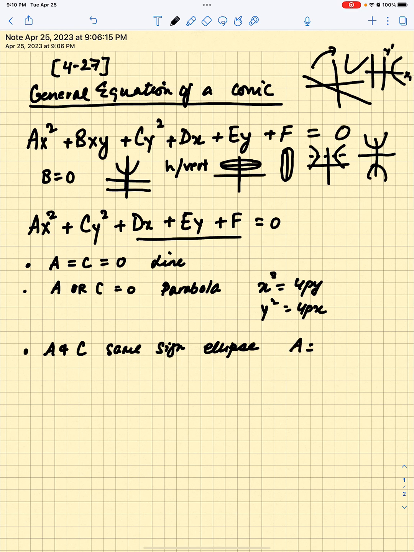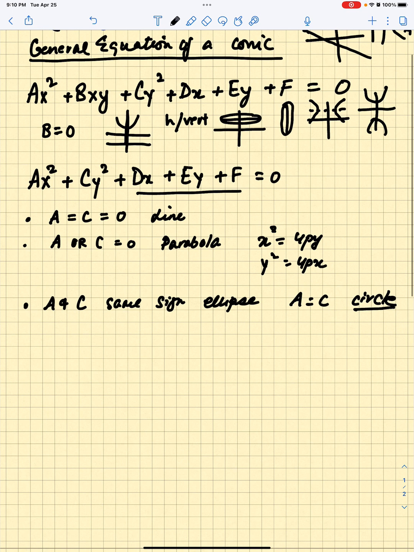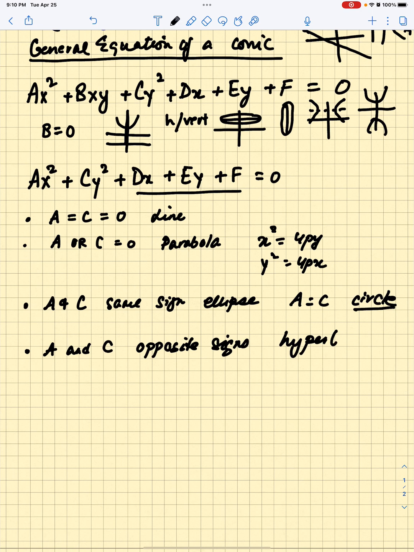And if a is equal to c, then we clearly have a circle. And if a and c have opposite signs, then we'll have a hyperbola. Nice.